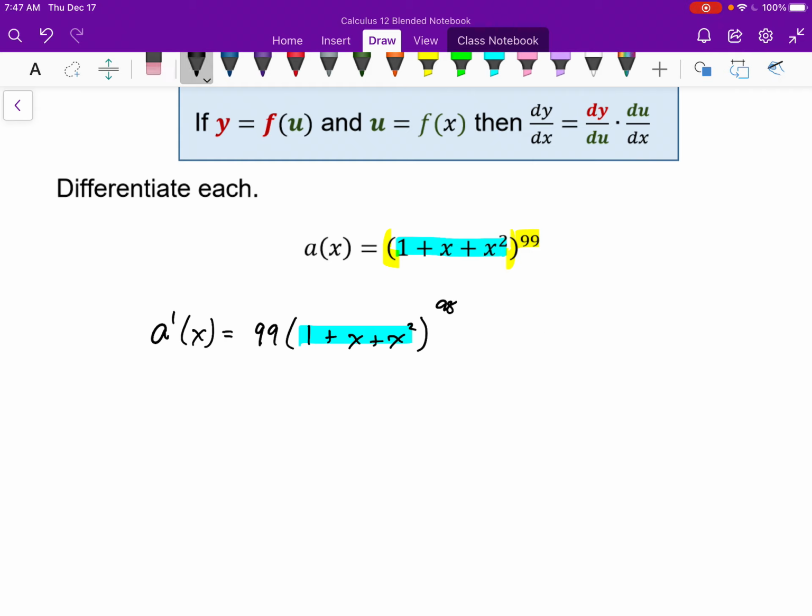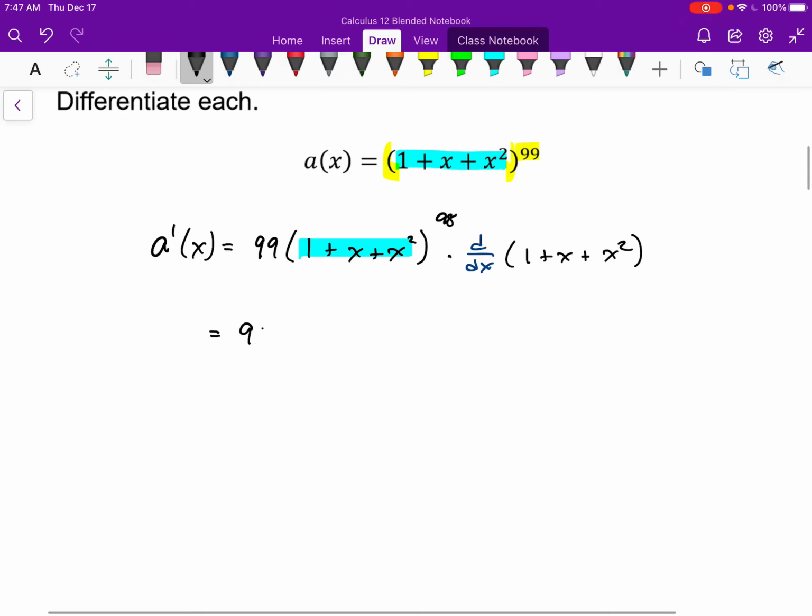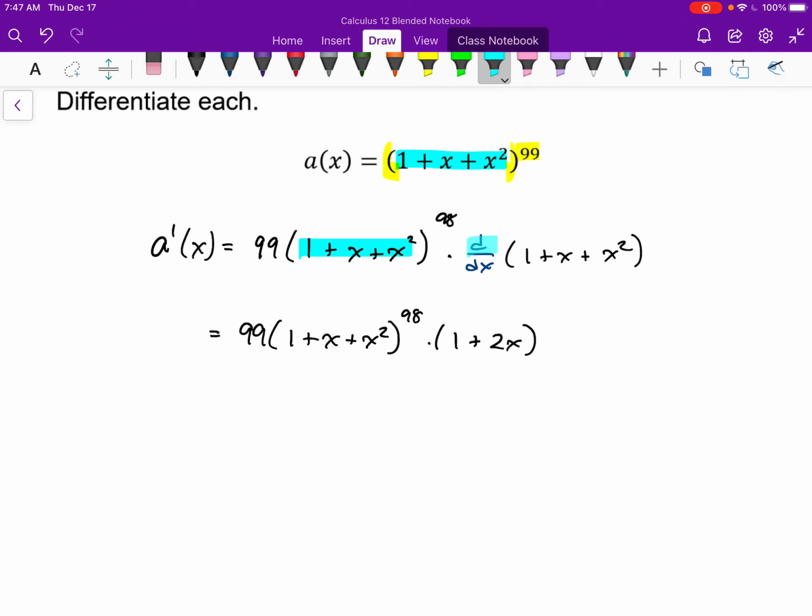So now I want to multiply this by the derivative of 1 plus x squared, which again, I've already stated what that is. So this is 1 plus 2x. So this here is the derivative of the inside function with respect to x.